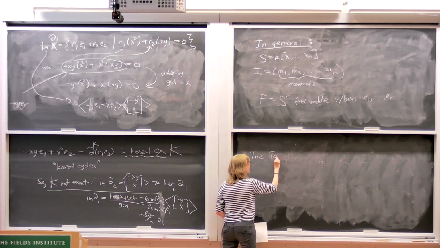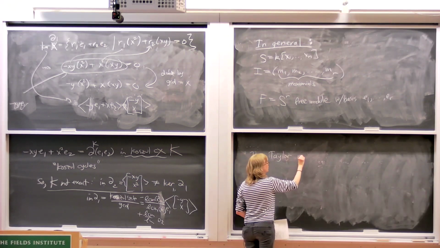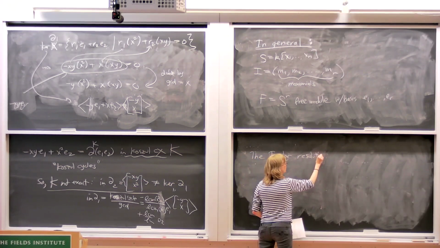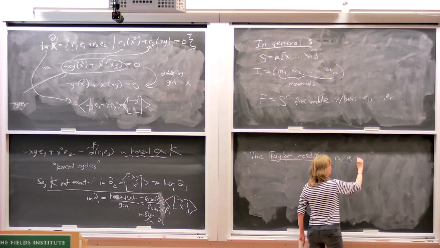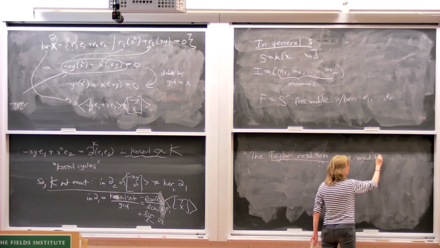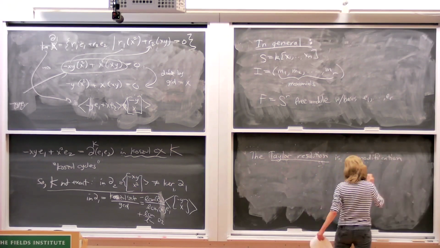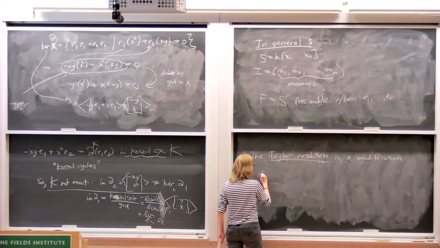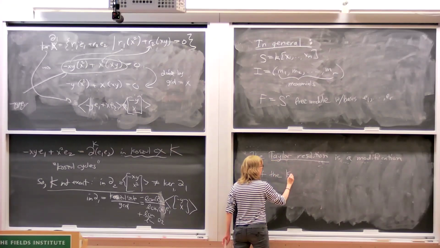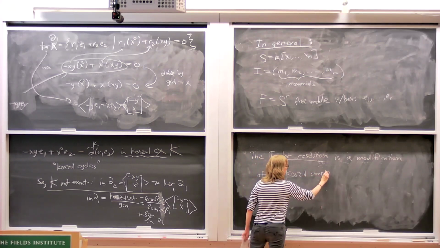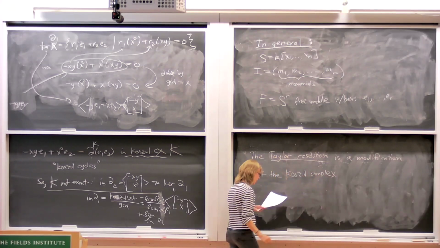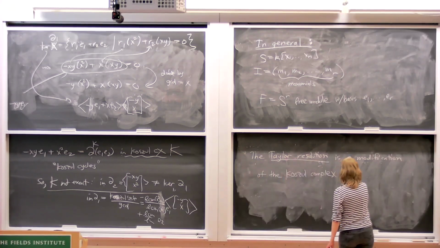The Taylor resolution is a modification of the Koszul complex, so the Koszul complex on those monomials.